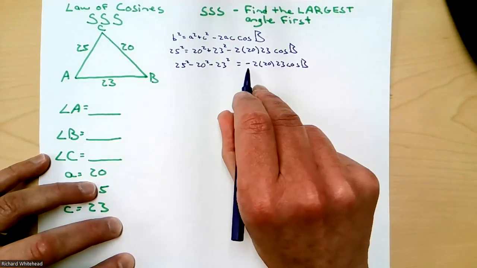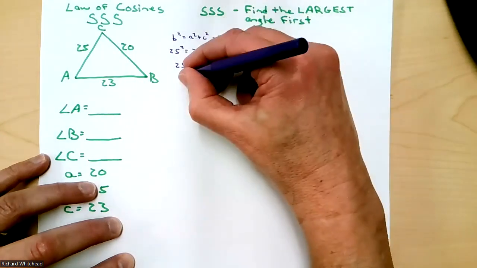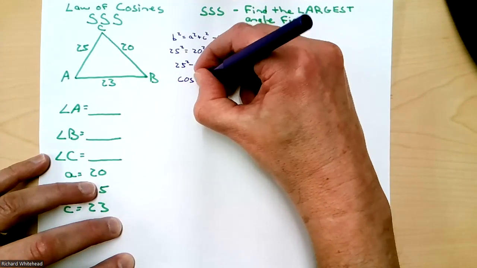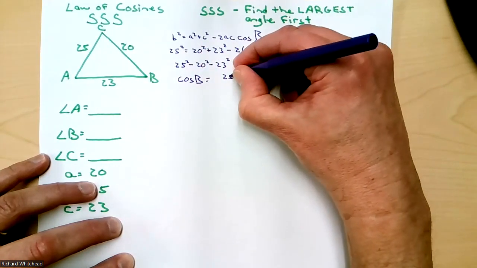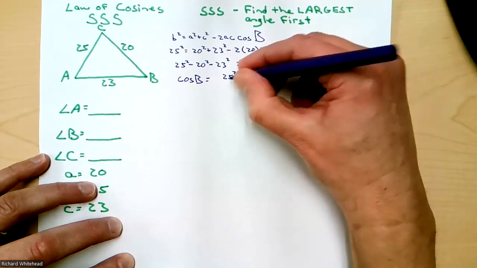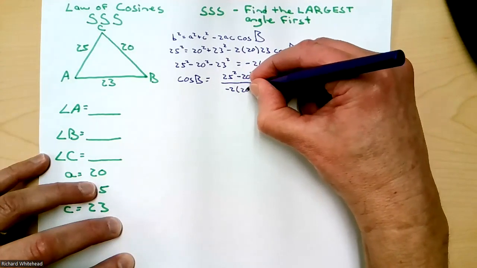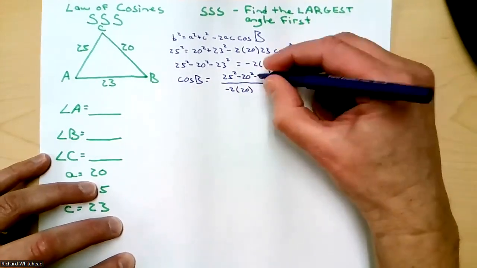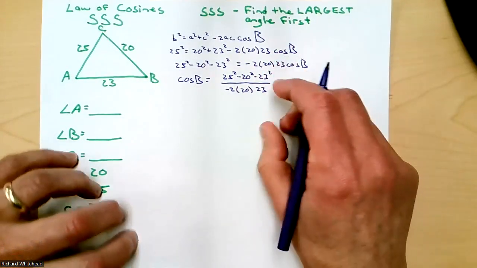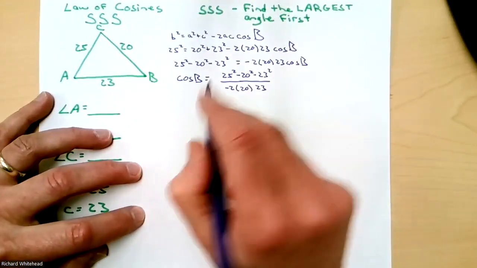So now to get cosine B by itself, I need to divide these guys out because this is multiplied by cosine B. So I'm going to change the order here. I'm going to have 25 squared minus 20 squared minus 23 squared divided by this stuff that's multiplied by cosine B. So I'm going to clean all this up, and then I'm going to do inverse cosine.